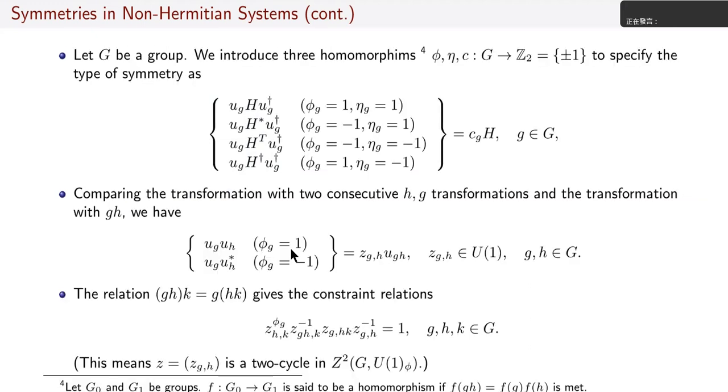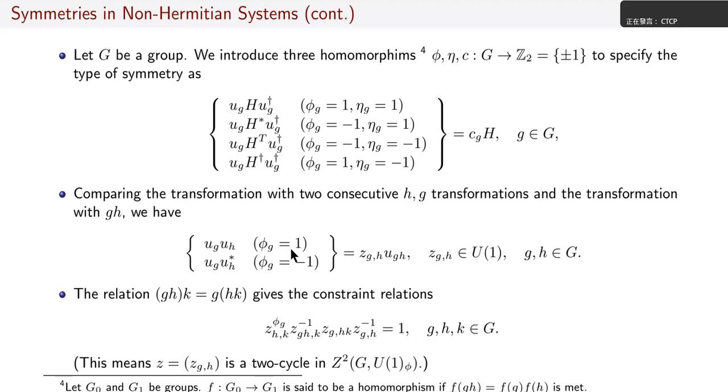Phi means this symmetry is complex conjugation, and eta means that this symmetry includes dagger, Hermitian conjugate.